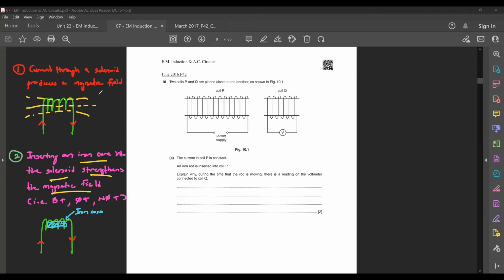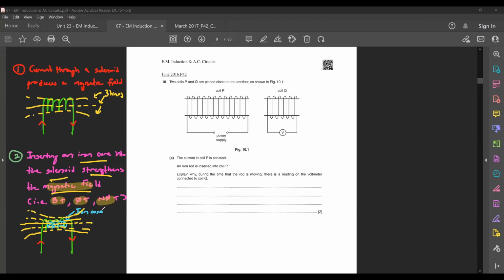So if just now you notice that I only have 3 lines, the moment I insert an iron core into the solenoid, because the magnetic field strengthens, your flux density increases, your flux increases, or your flux linkage increases. What will happen is that you look at the magnetic field now would actually have more lines to it. Okay, so if you have more lines, this one is already indicating to you that you have a stronger magnetic field, right?